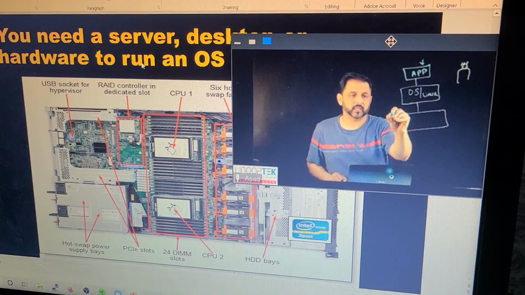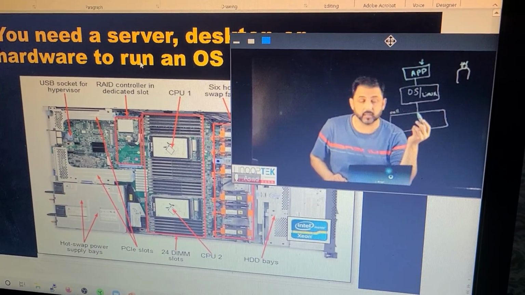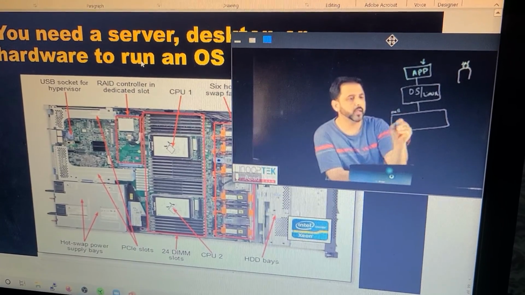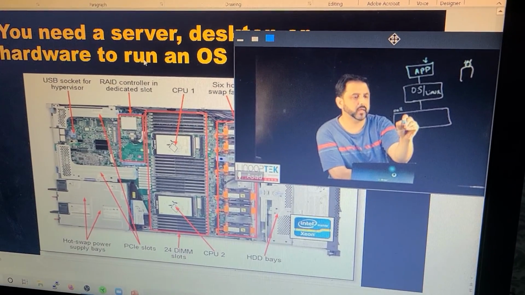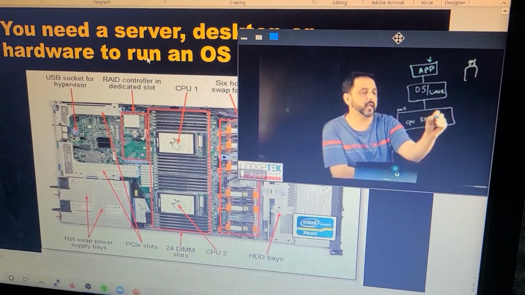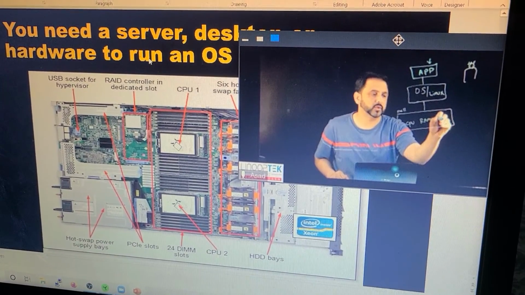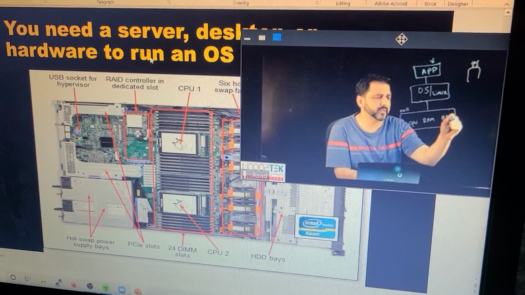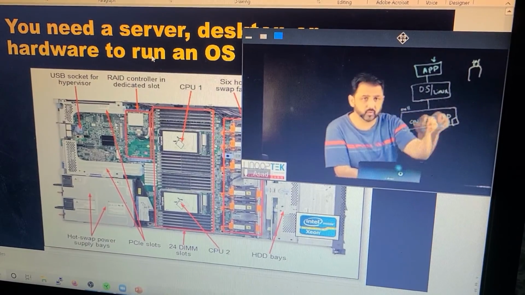This could be a Dell server, it could be an HP server, or some other brand. That's not important. This is your hardware server, and it has these resources: CPU, it has RAM, and it has another resource, hard drive. There are other components too. There is a power supply, for example, that sits over here that powers this whole box.